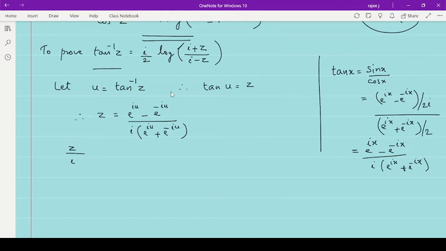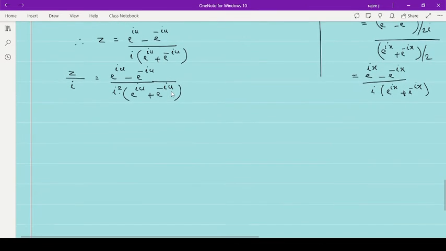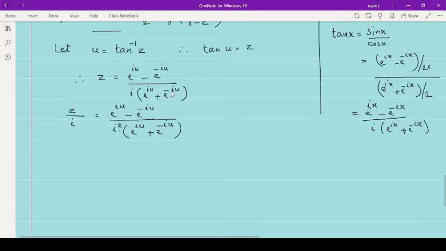So this will become z by i is equal to (e raised to iu minus e raised to minus iu) divided by i into i, which is i square, into (e raised to iu plus e raised to minus iu). Now this is i square, which is minus 1.